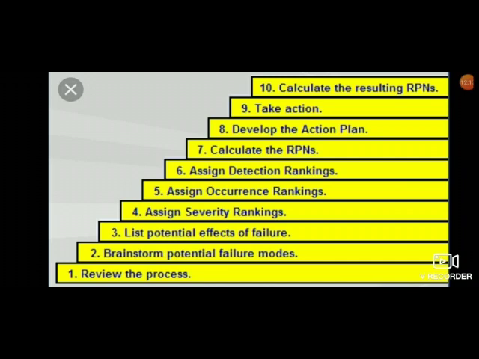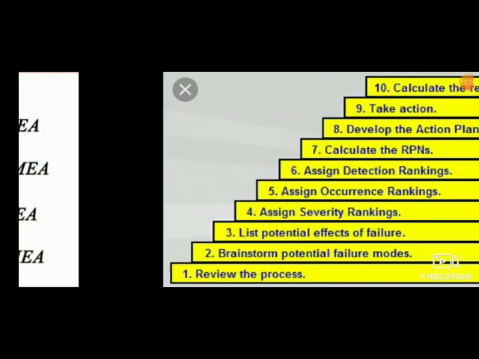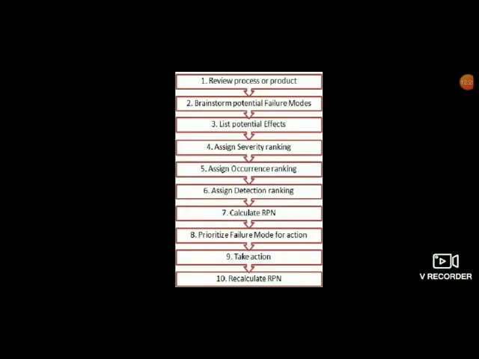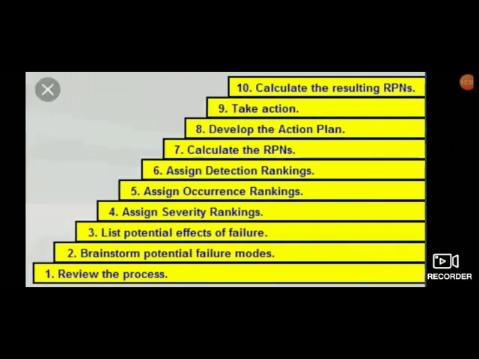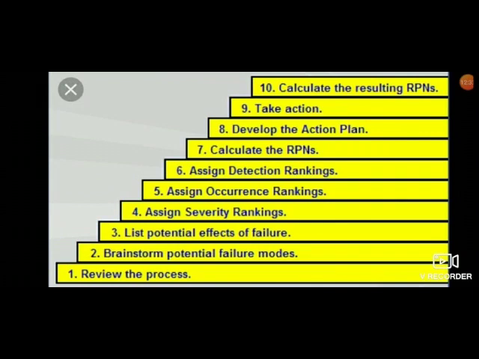Determine the effectiveness of current controls to detect the causes of failure and rate the detection on a scale of 1 to 10, that is, 1 being effective detection and 10 being no detection.